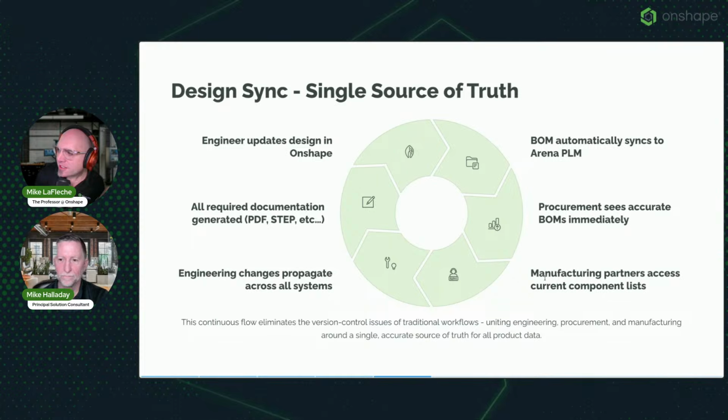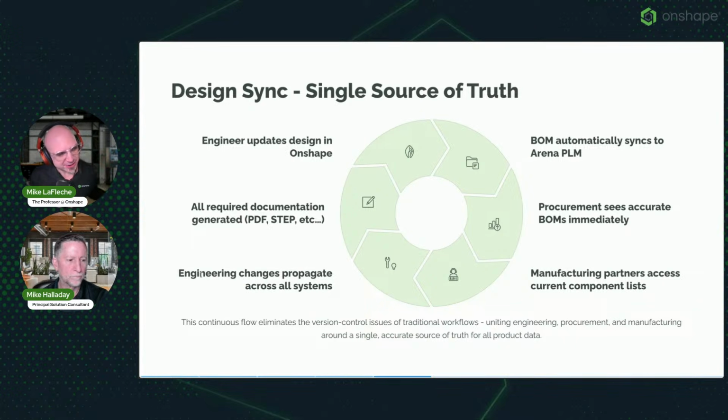Manufacturing partners, right? Accessing component lists, engineering changes that propagate across all systems. That's what we're going to see here. So we're going to do an engineering change order process, a collaborative workflow that multiple people in our company need to sign off and approve on documentation before it goes off to the mold shop, for example, right? You want to make sure things are approved. So we're going to see that today.